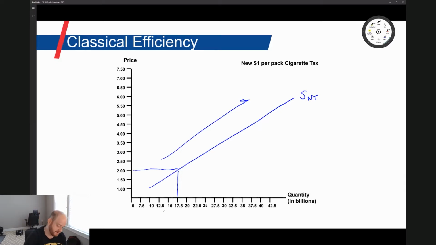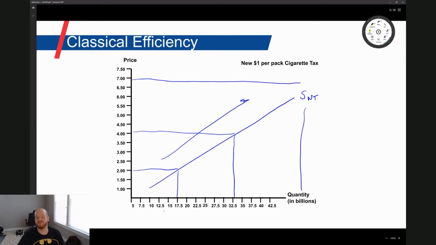If a pack of cigarettes is $4, right, cigarettes are going at a higher price, then we want to make more money, so we'd be willing to produce 32.5 billion packs of cigarettes. If a pack of cigarettes is going at an even higher price, then we'd be willing to produce an even higher number of cigarettes to make more money.